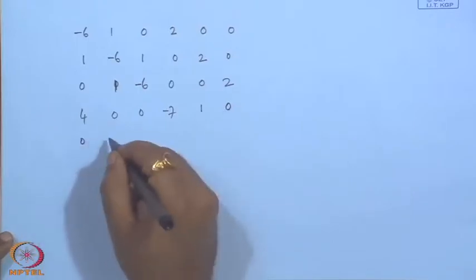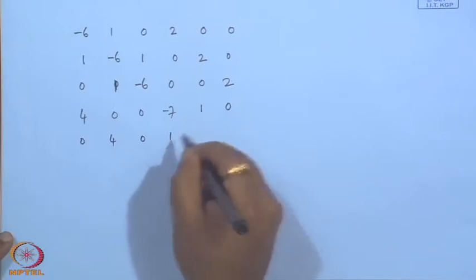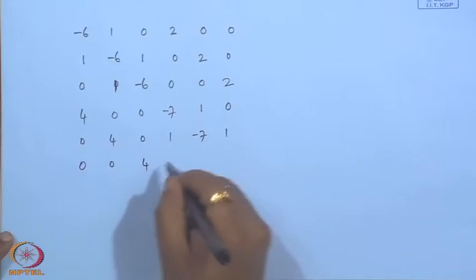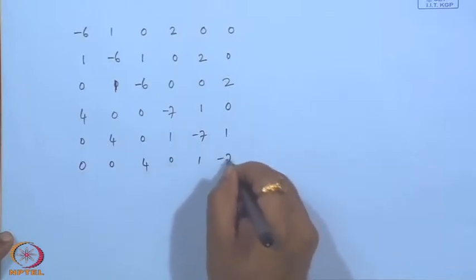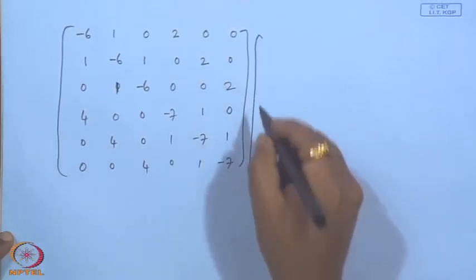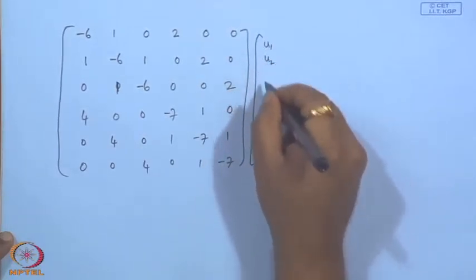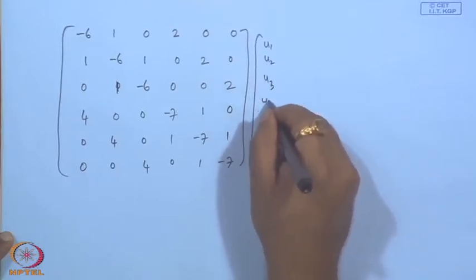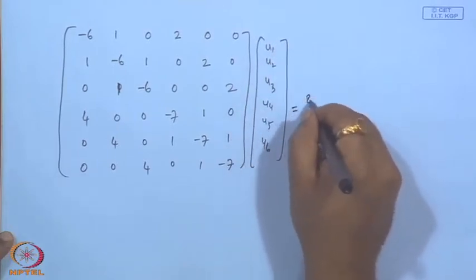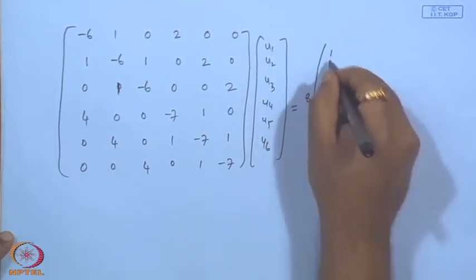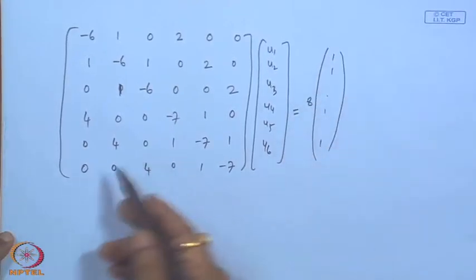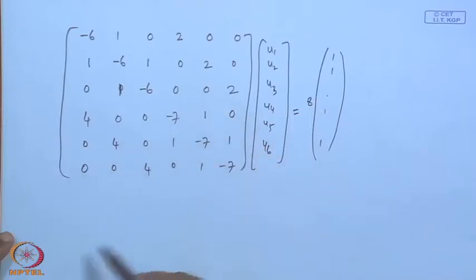So, I am putting what I have obtained. So, we have this. Okay. So, this is a sparse system and one can solve and obtain.